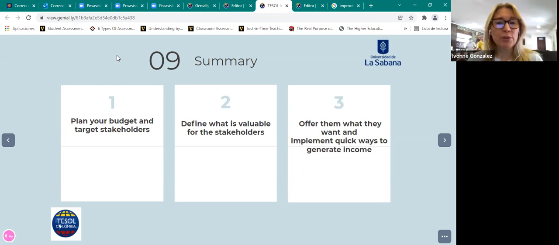Okay. So number 3, offer each of the stakeholders, attendees, publishers, the government, academic institutions, etc., what they want, and implement quick ways to generate income. Why? Because you need to have some cash flow to be able to run any activity.